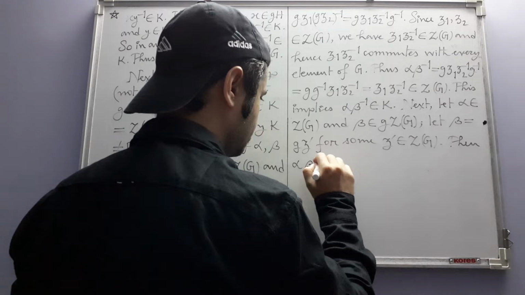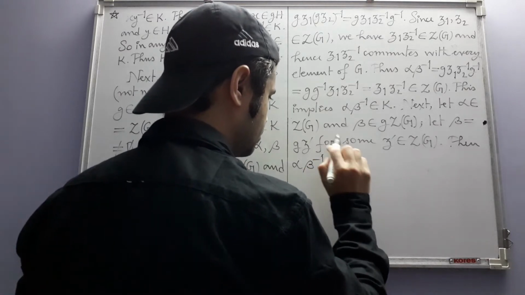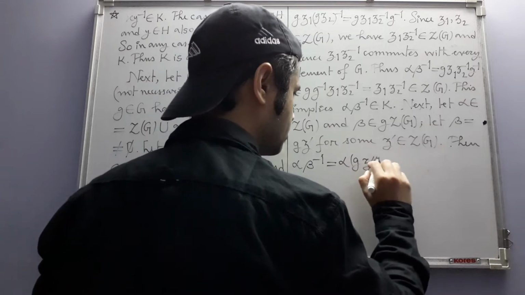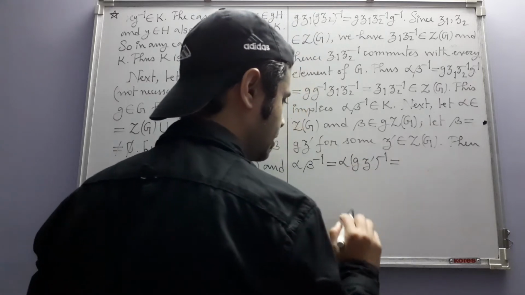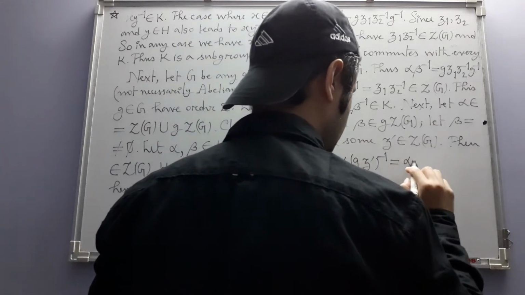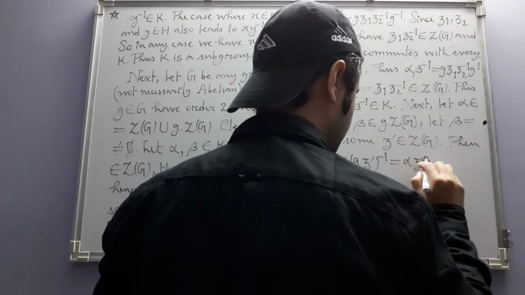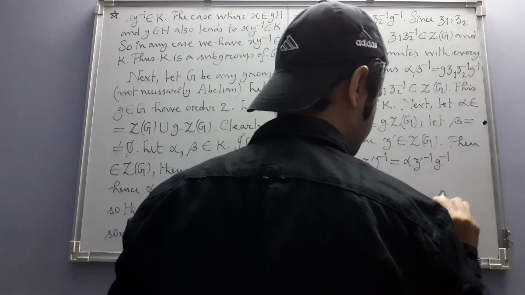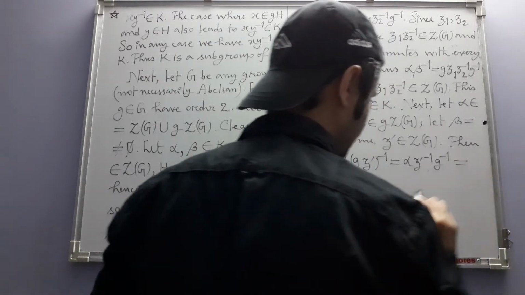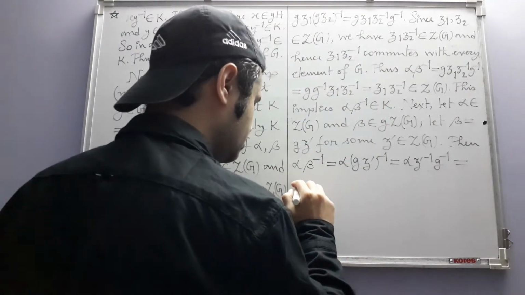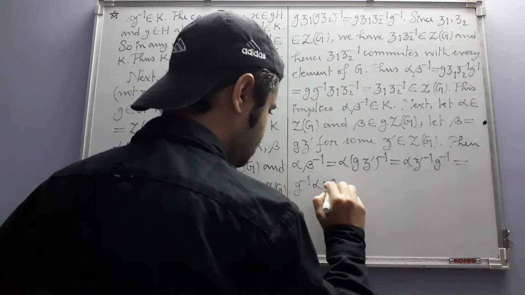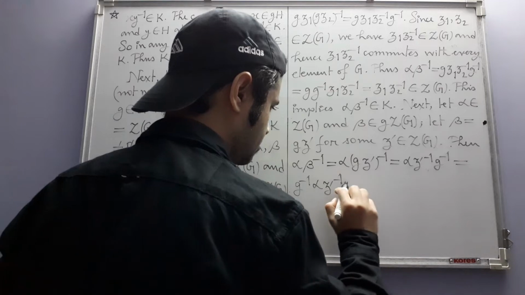Alpha beta inverse is alpha times G z prime inverse, so that becomes alpha z prime inverse G inverse. That is equal to G inverse alpha z prime inverse.